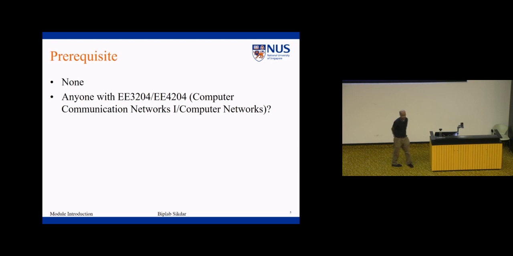Now, to be very honest, there is a bit of overlap between this module and EE4204. But I would say that the overlap may be about in the first half, maybe about 40% of the content. That is because EE4210 has to be a standalone module without any prerequisites, since it's a professional development module.